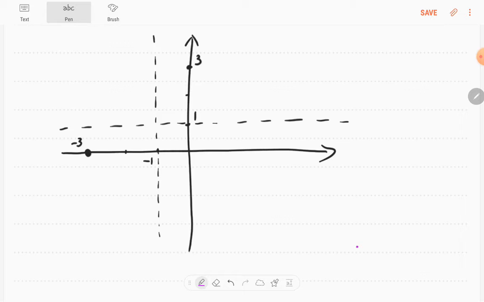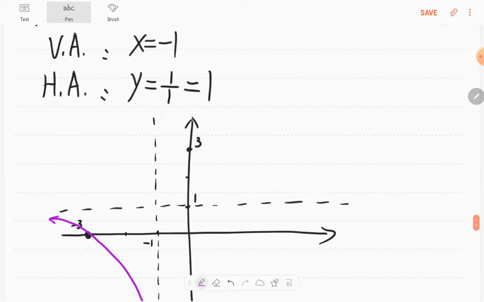Remember, we cannot touch the horizontal and the vertical asymptote. It will go through this point. So this is this example. We can sketch the graph, right?